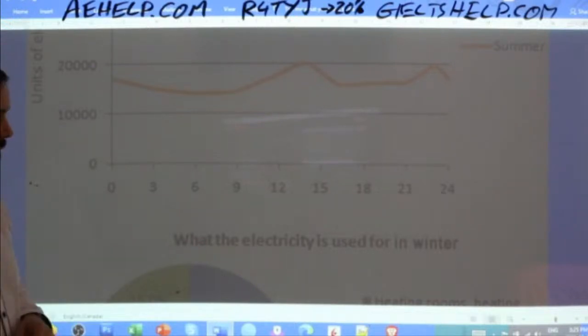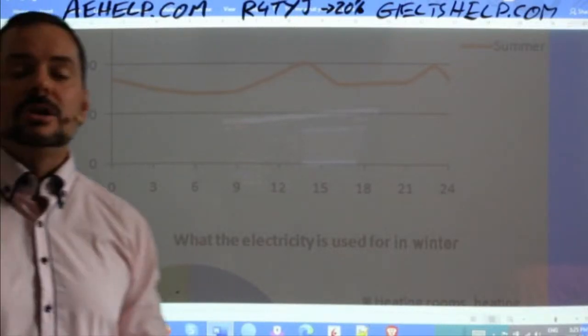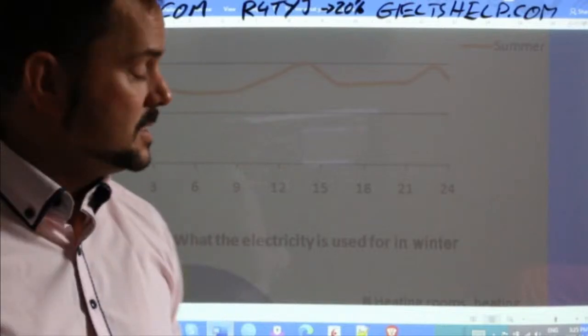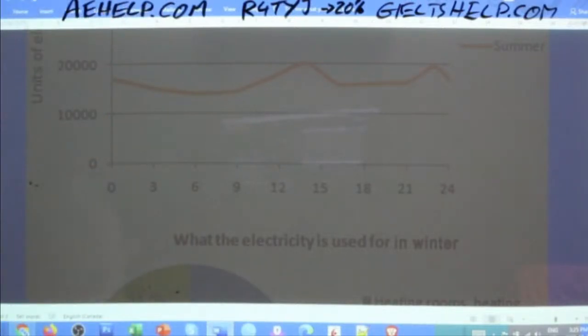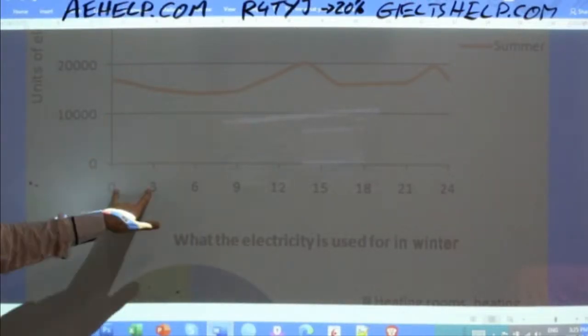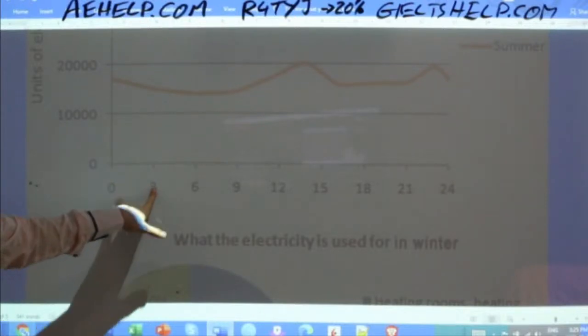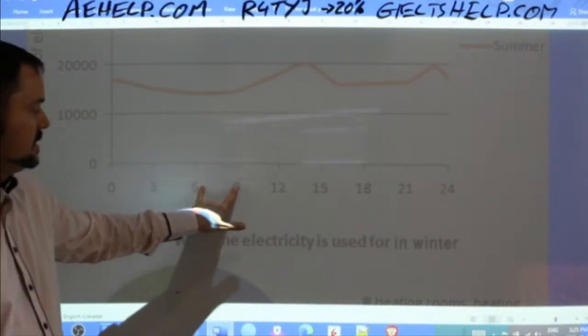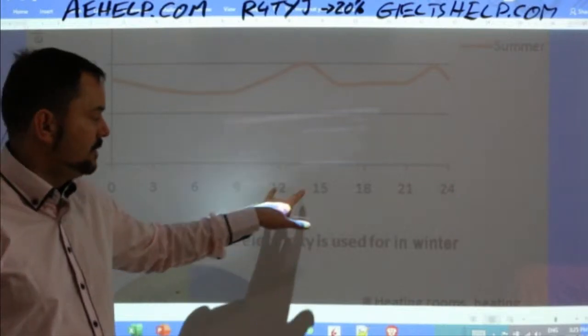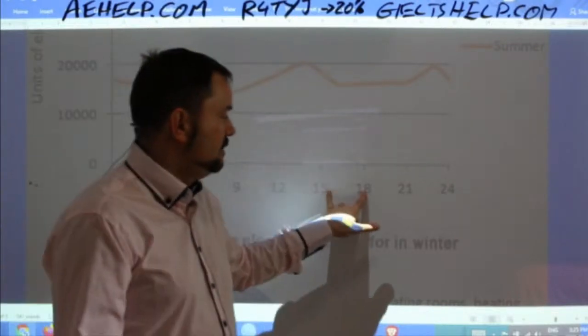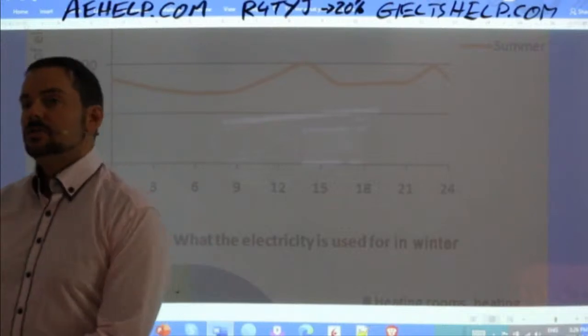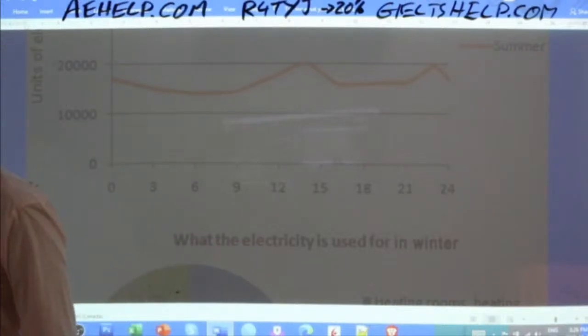For those of you going into computer science, engineering, psychology, statistics, learning these words is very, very useful. So here you have intervals of 3: 0 to 3, 3 to 6, 6 to 9, 9 to 12, 12 to 15, 15 to 18, and so on to 24. Okay?